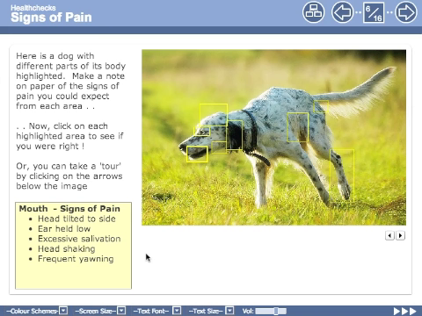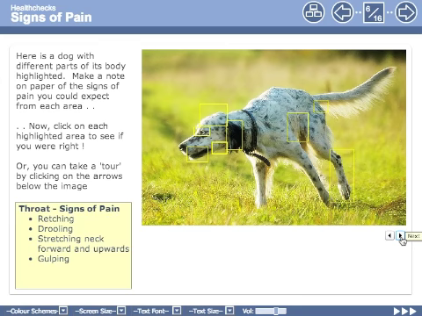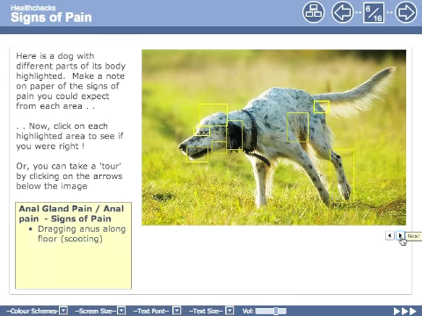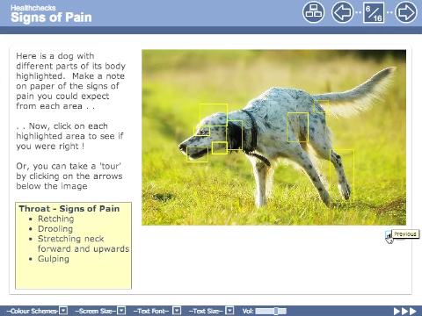There's also a forward and backwards button just under the hotspot image, and if I click on it, it cycles through and highlights the various parts of the animal. So this is a good way to get the learner to memorize signs of pain just by scrolling through. So that's the third example.